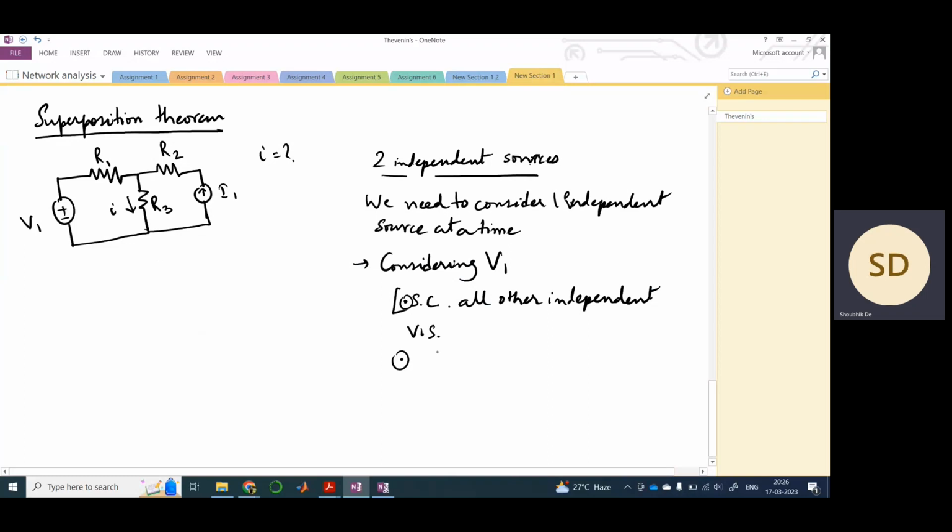And if we have current sources, we need to open circuit all other independent current sources.